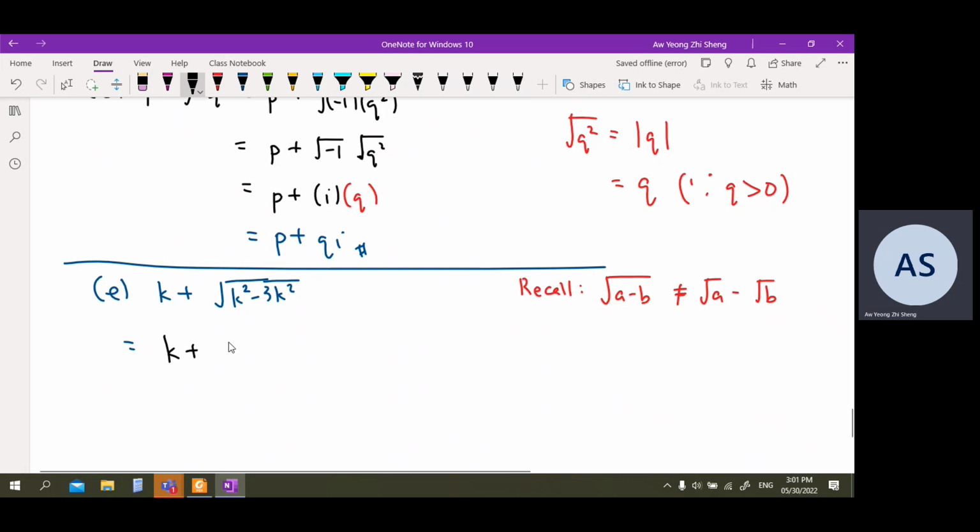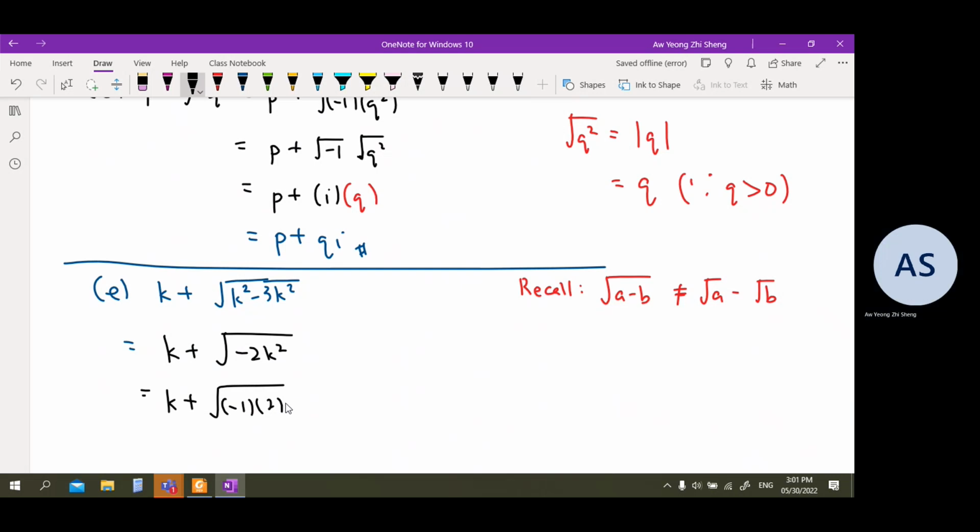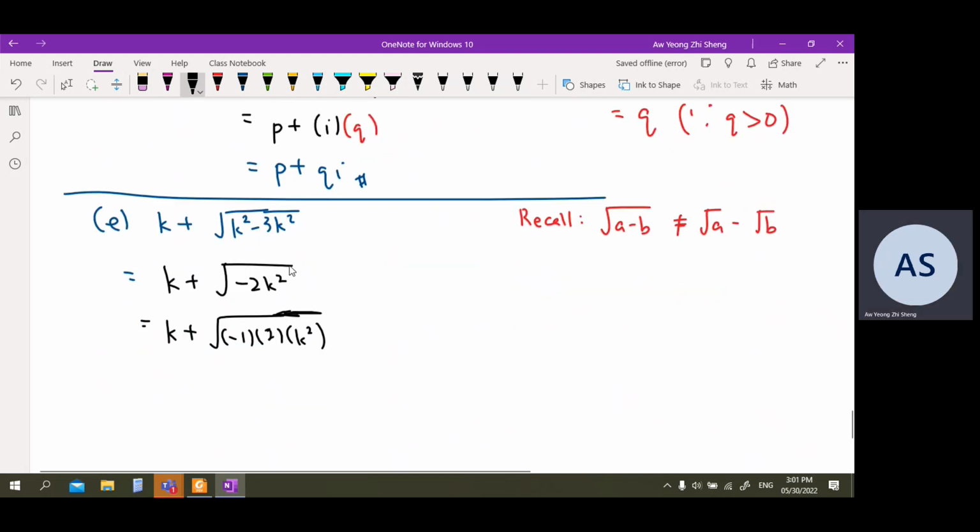Okay, so let's do that first. Negative 2k squared upon simplifying. And then this will be interpreted as negative 1 times 2 times k squared. Then this square root can be distributed over the product.